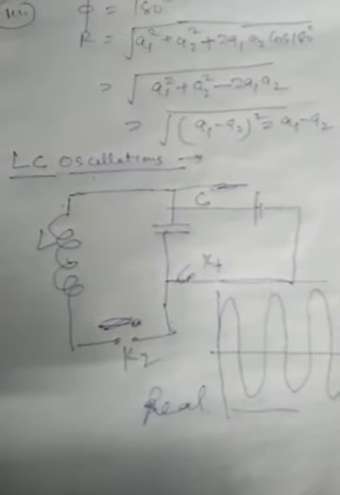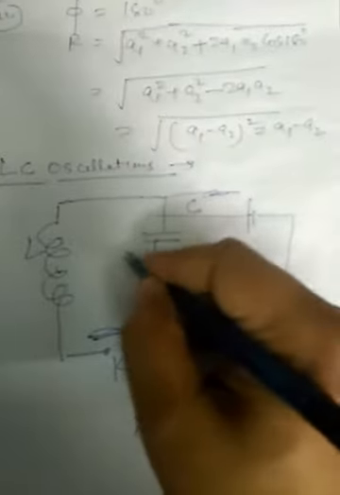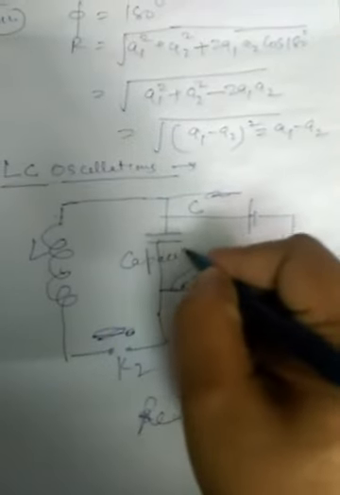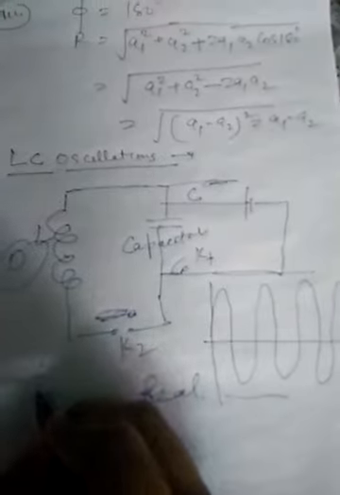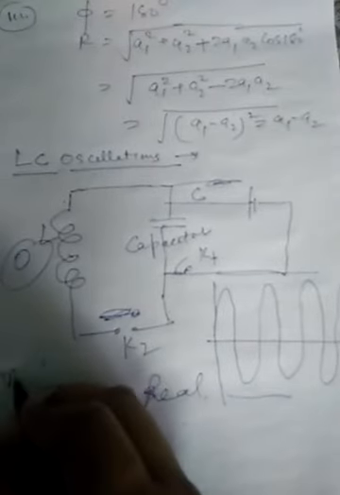Now what are the reasons for it? Let us state that initially the capacitor is fully charged and there is no current, so the magnetic energy is zero and the electrostatic energy is maximum. As soon as it is discharged, current starts flowing.